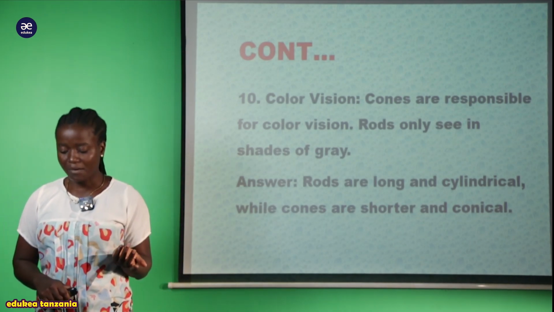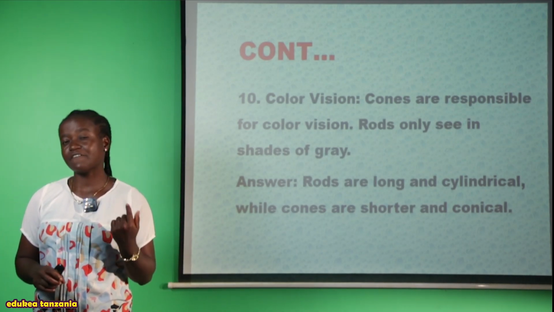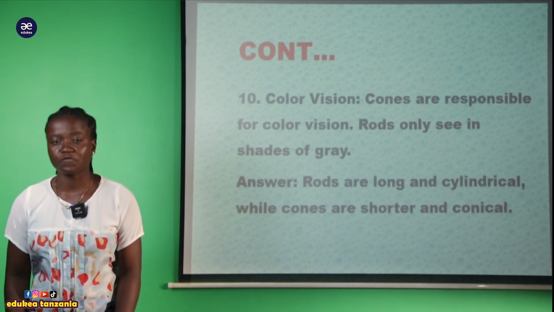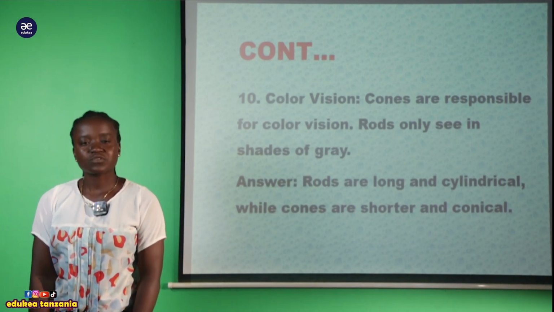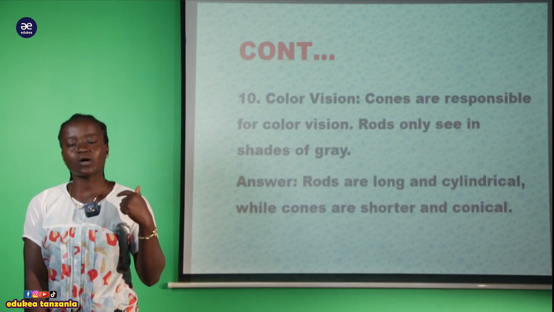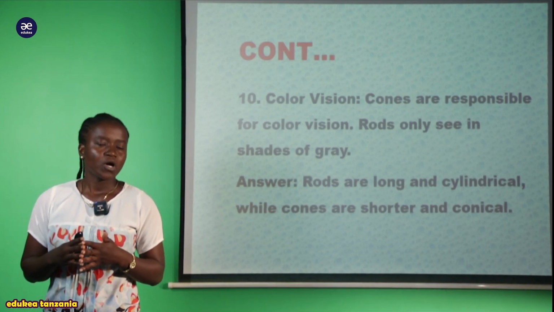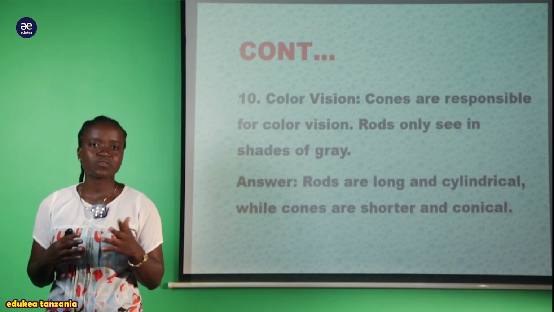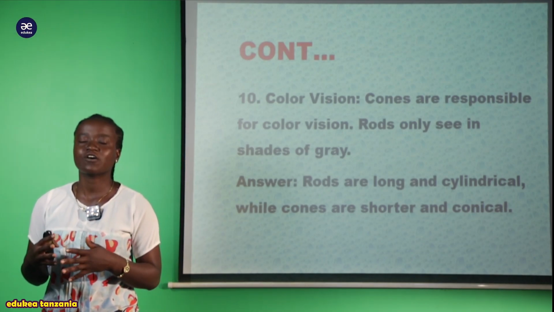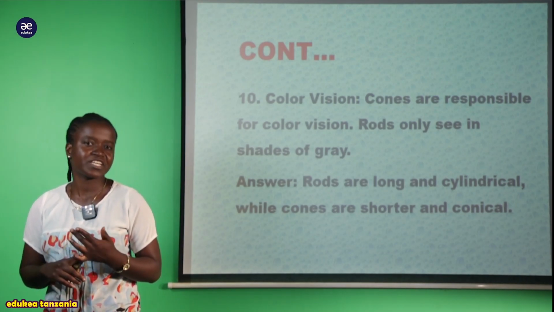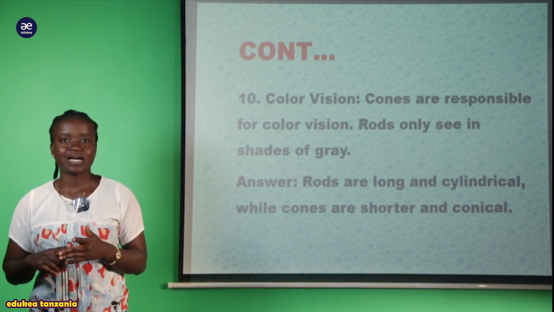So now we say that the rods and the cones are very different in terms of color vision. We say that cones have the greater ability to discriminate different kinds of colors compared to the rods, since within the cones there are those pigments, that is green, red together with blue.